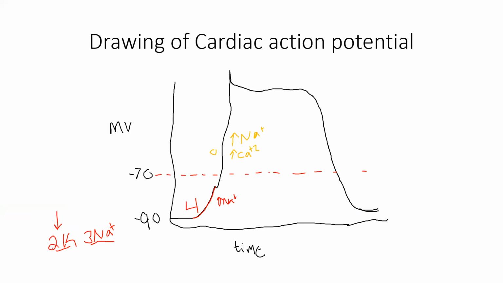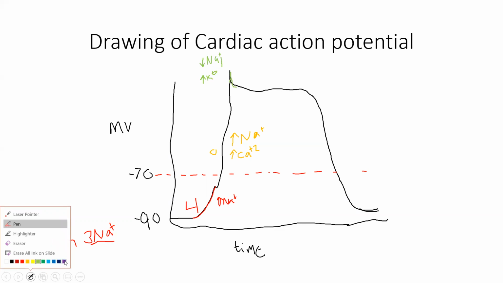Once you reach all the way to the top right here, you reach phase 1. Here, sodium channels will close, and tons of potassium channels will open, which causes this decrease right here.